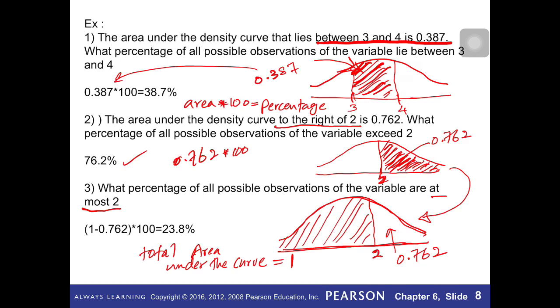So what you have to do is 1 minus the area that exceeds 2, from part B or question part 2. Then multiply that value by 100 so that you can get the percentage. Clear? This is how we are dealing with areas under the curve.